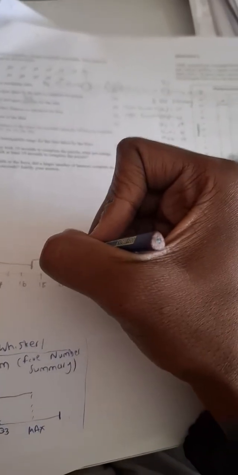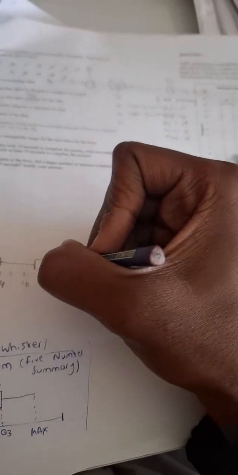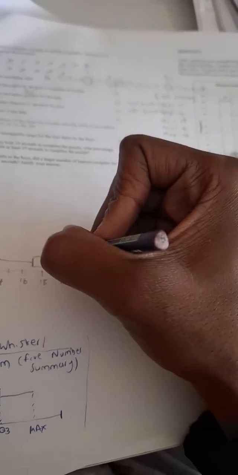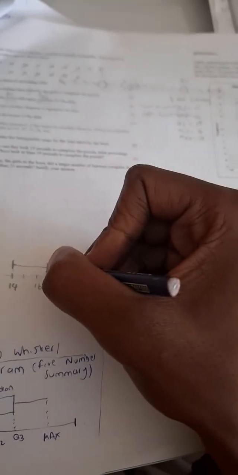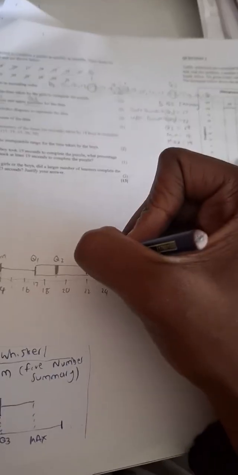We connect the whisker, make sure our box is good. All right, guys, I'm using freehand because my other arm is holding my phone. And then we connect that long one. Okay, and you can see the 14 is directly there, the 17 is directly there. So I know this is min, this is Q1, that is Q2, that is Q3, and that is maximum.